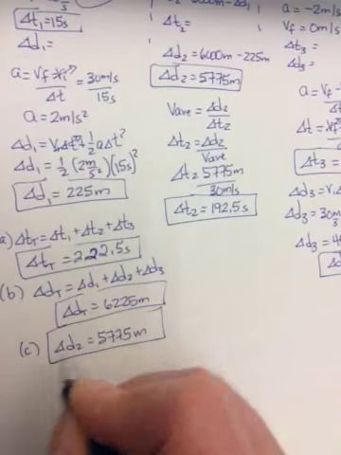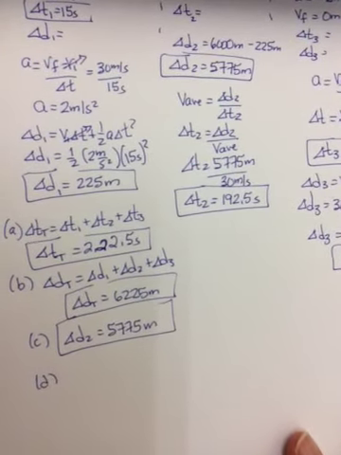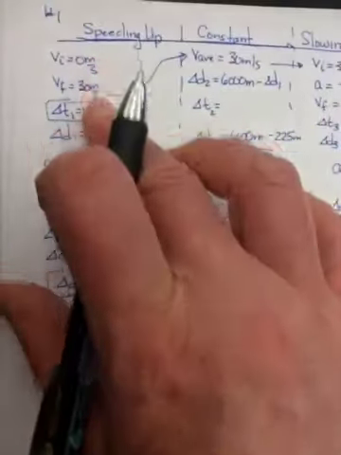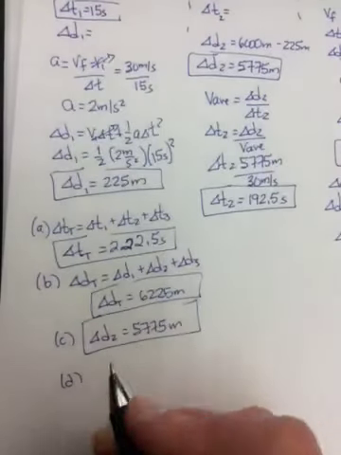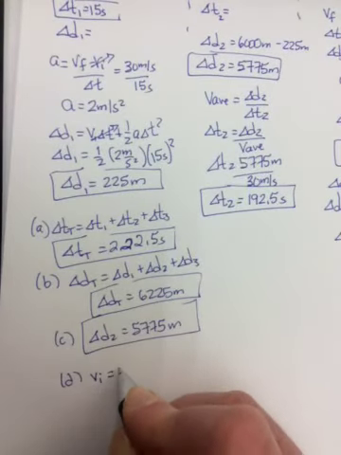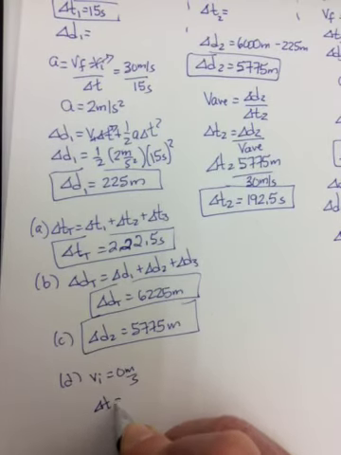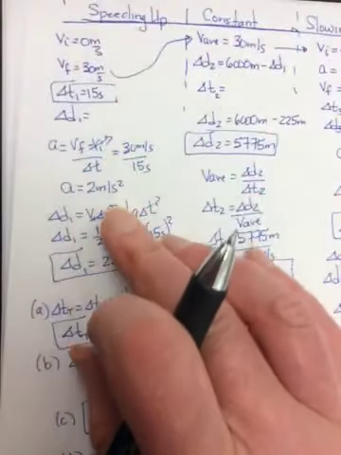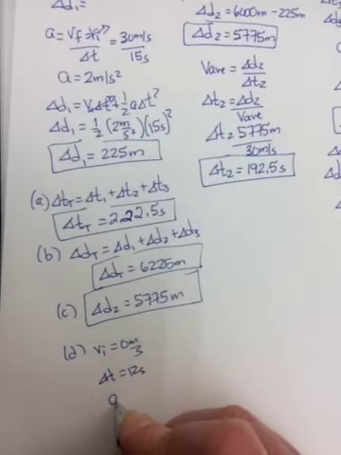Okay, and D says, how fast is it going 12 seconds after it started? Well, 12 seconds after it started, it's still in this speeding up stage. So we know the VI in that stage was 0. It's asking 12 seconds, so the delta T is 12 seconds. And we found the acceleration in that stage to be 2 meters per second squared.